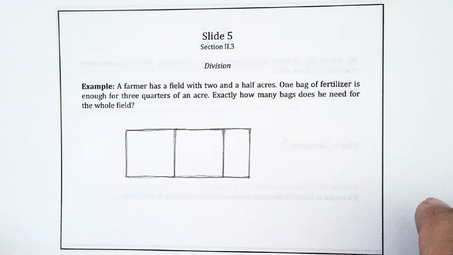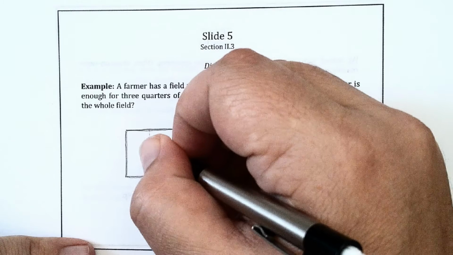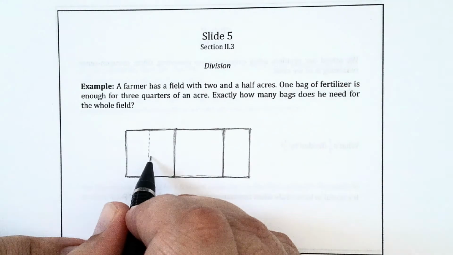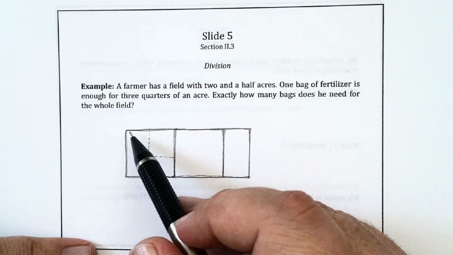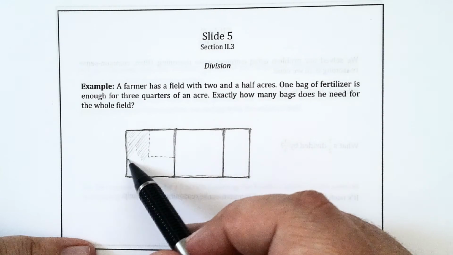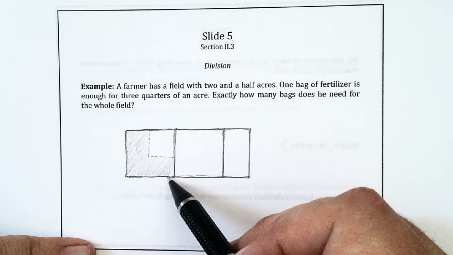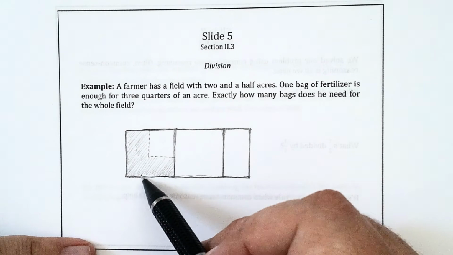And we're told that 1 bag is enough for 3/4 of an acre. And we want to know how many bags we need in all. So let me just shade in 1/4 right there. Okay, 3/4. So there's 1 bag.